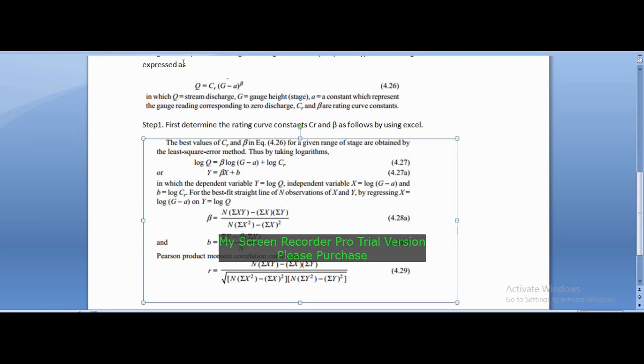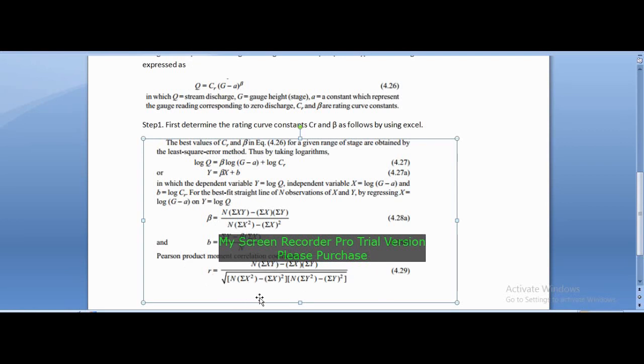In order to determine how well the stage and discharge are correlated, we can use R, the correlation coefficient, or product moment correlation coefficient. R can be determined by using this formula.